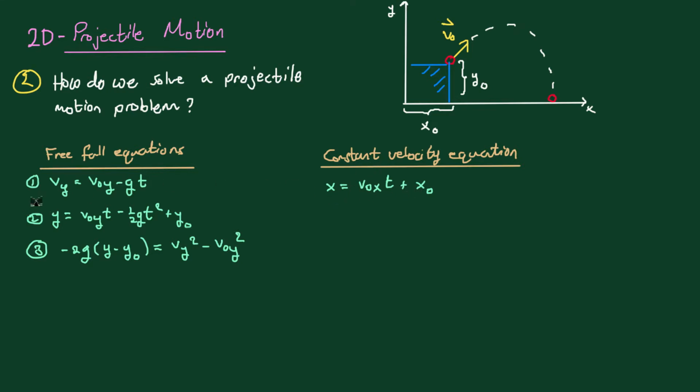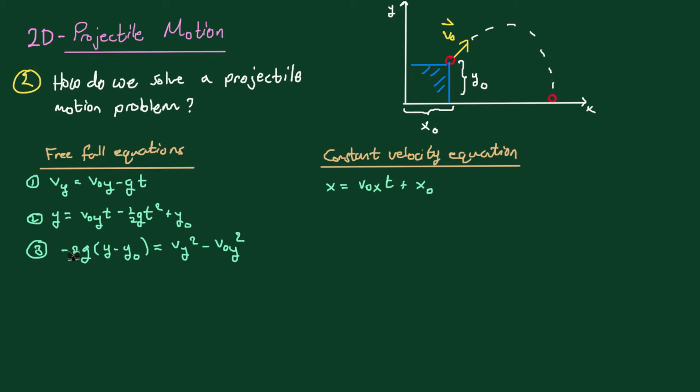So you see here that for the free fall equations, we have our first equation that describes the y velocity of the particle: v_y equals v0y minus gt. Now v0y is the initial velocity of the particle in the y direction. Here y represents the height of the particle, and the equation for the height is described here.